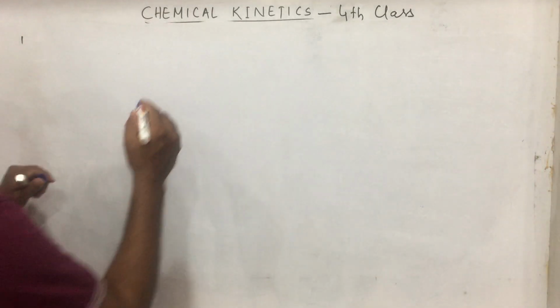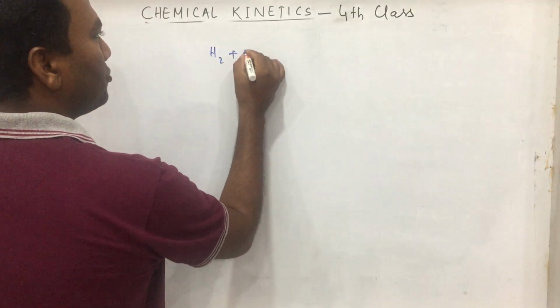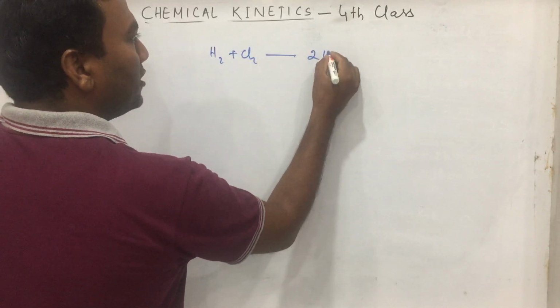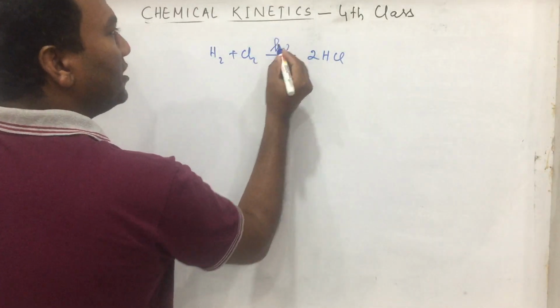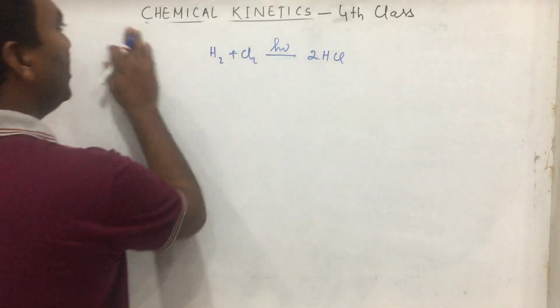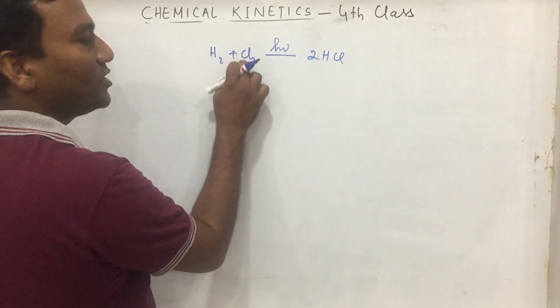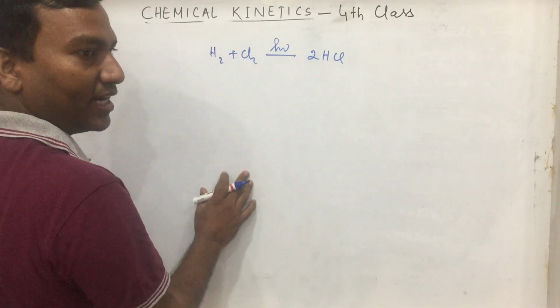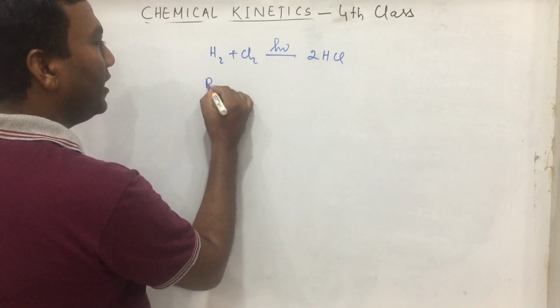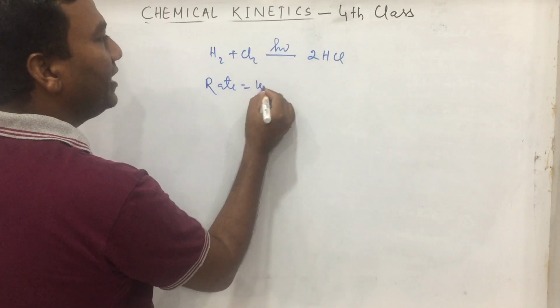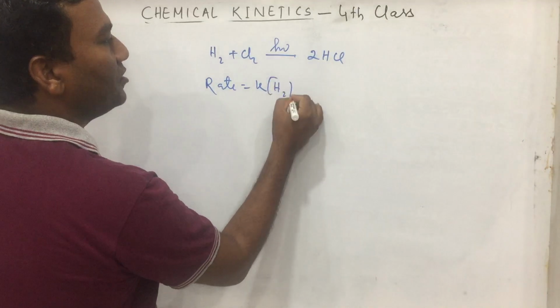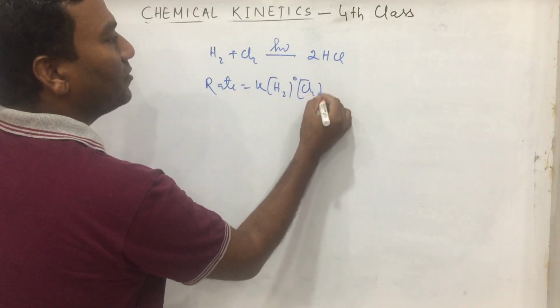Suppose H2 plus Cl2 gives rise to 2HCl. Here it is given like this. From the coefficients 1, 1, 2 you might say it is a second order reaction. No, here rate equals only k, H2 to the power 0, Cl2 to the power 0.